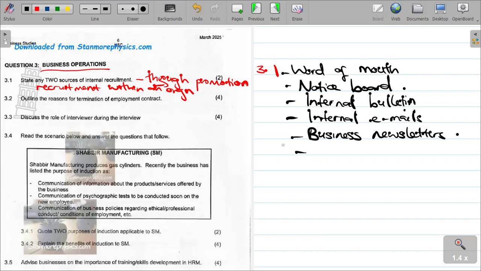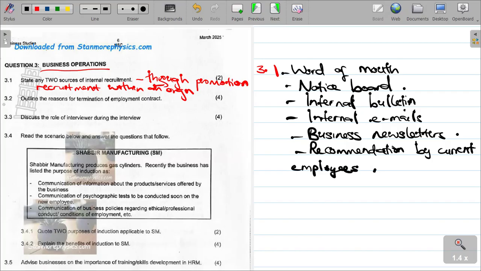They can get a recommendation by a current employee. I can recommend someone to the management for a position. So let's move on to question 3.2.